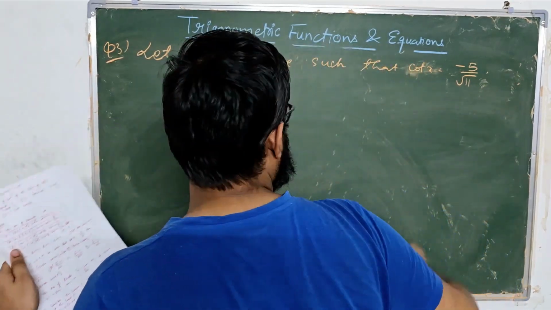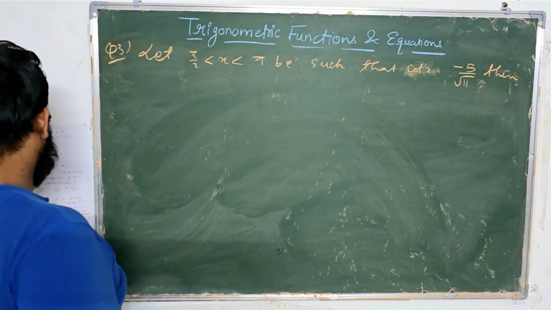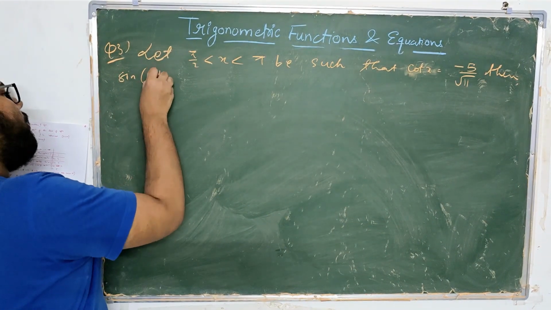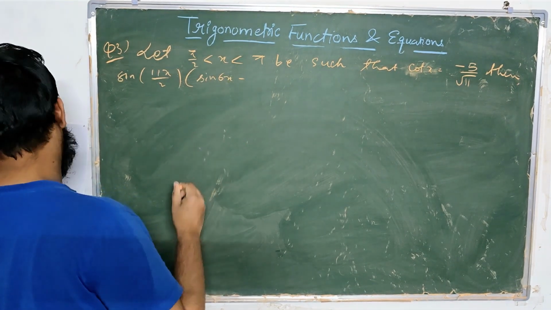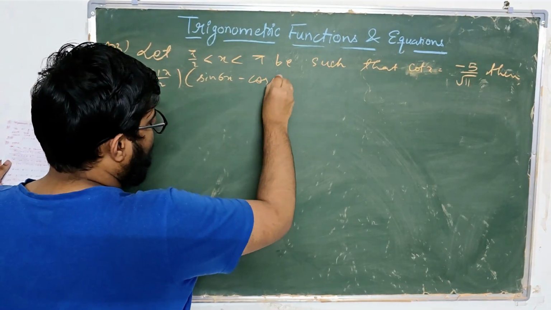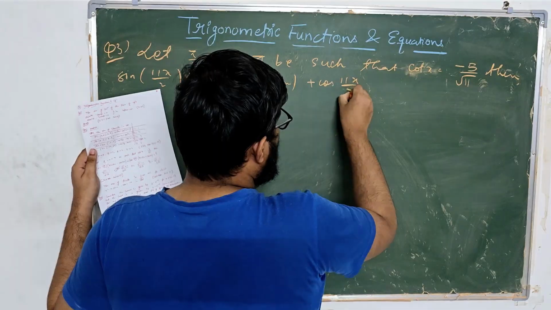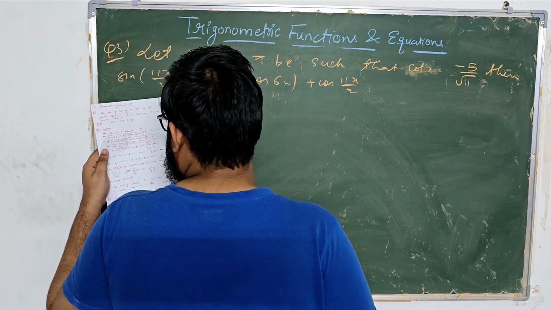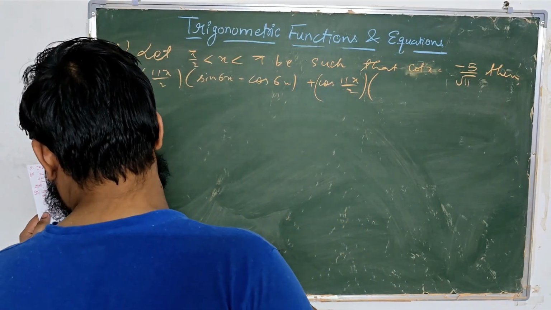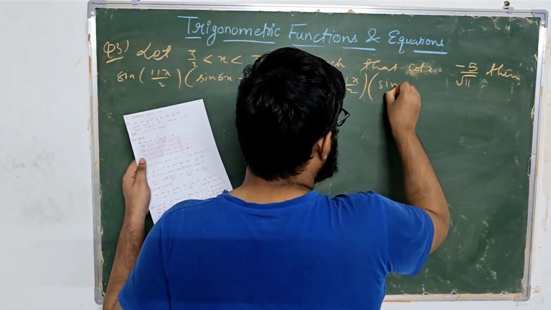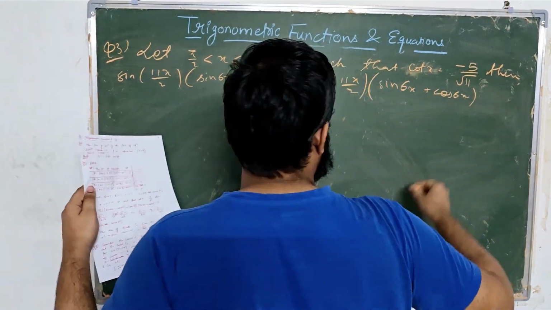Okay, then sine of 11x by 2 times sine 6x minus cos 6x, plus cos 11x by 2 times sine 6x plus cos 6x is equal to what?